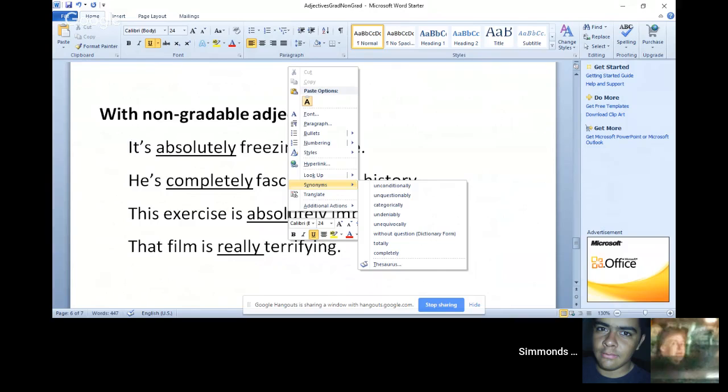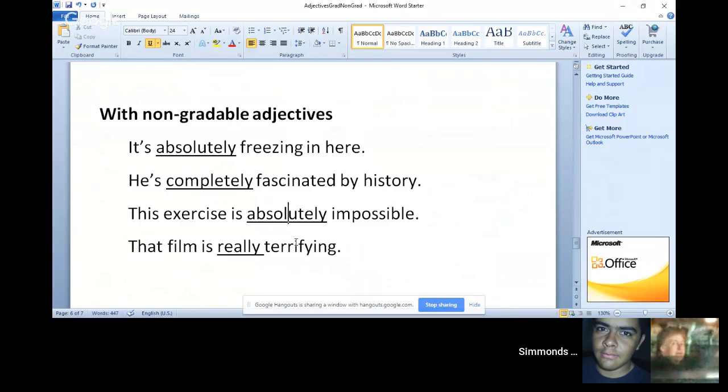So totally and completely here at the end are really what would be great substitutes for this. Now, if we want to get more in depth, we can use unconditionally, undeniably. There are other words. So that's always something that you can look at too, thanks to Microsoft.